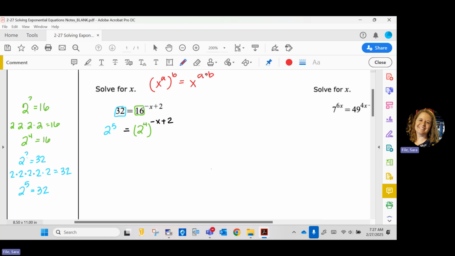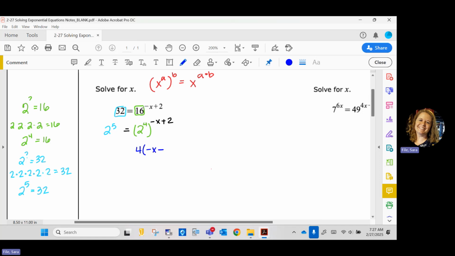So here, one of my exponents is just an integer, but this exponent's a binomial. When we multiply a number by a binomial, what do we have to do? Am I multiplying the 4 just by this negative x or just by this 2? If I have a number times a binomial, I have got to distribute.